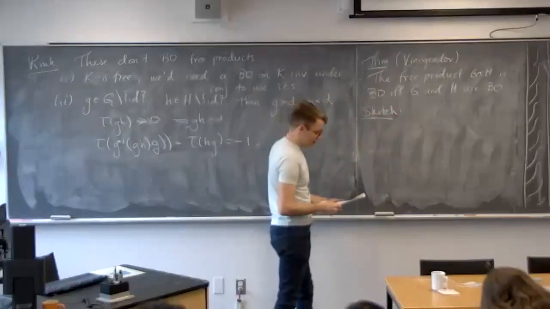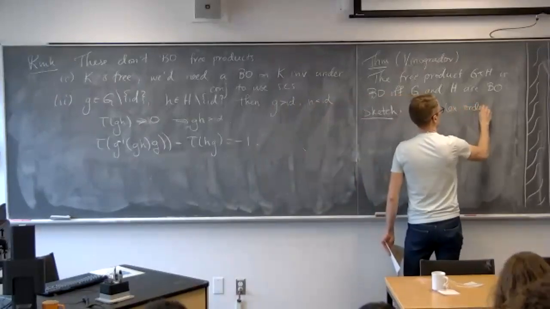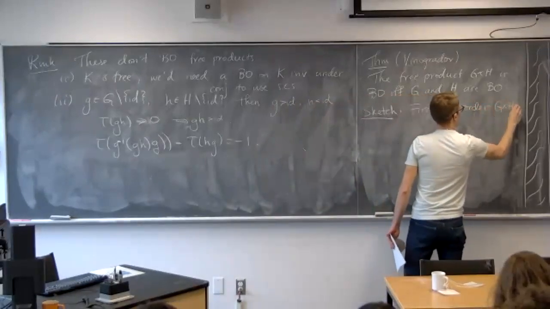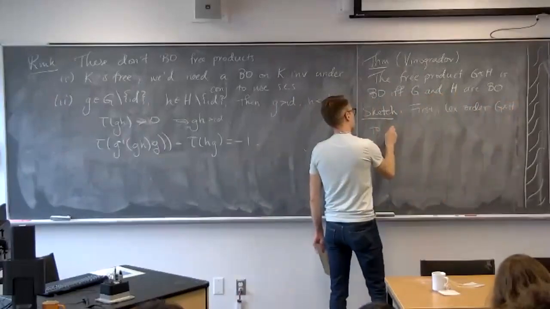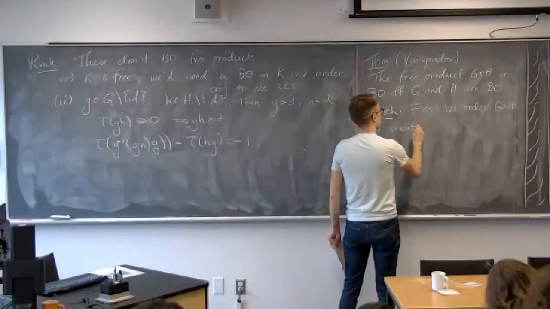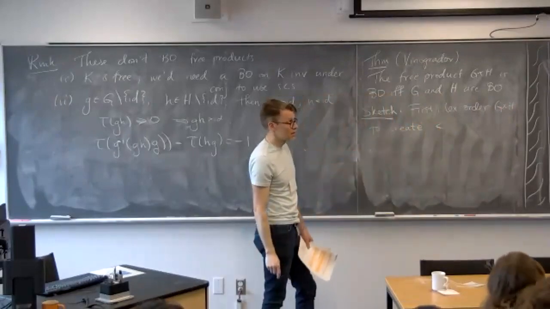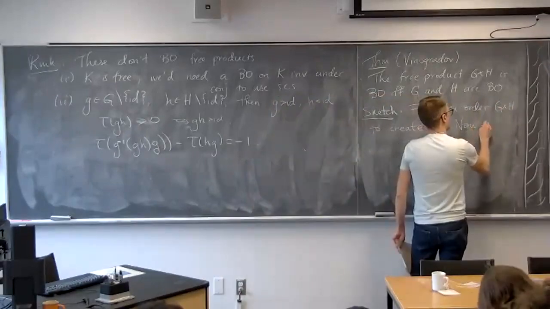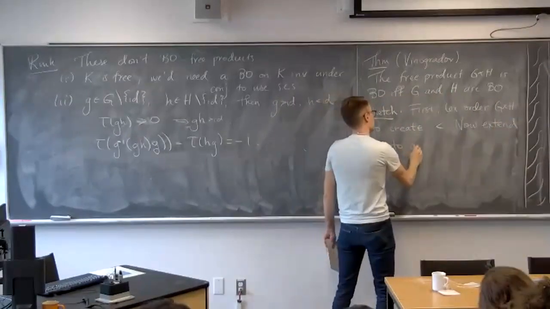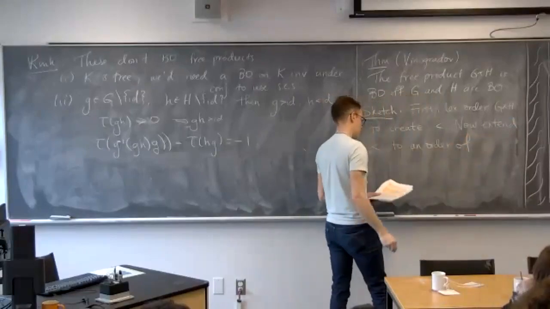First, I want you to lex order the direct product, using a bi-order on each factor to create an ordering on this direct product. Now, I want you to extend this order to an order of this guy.